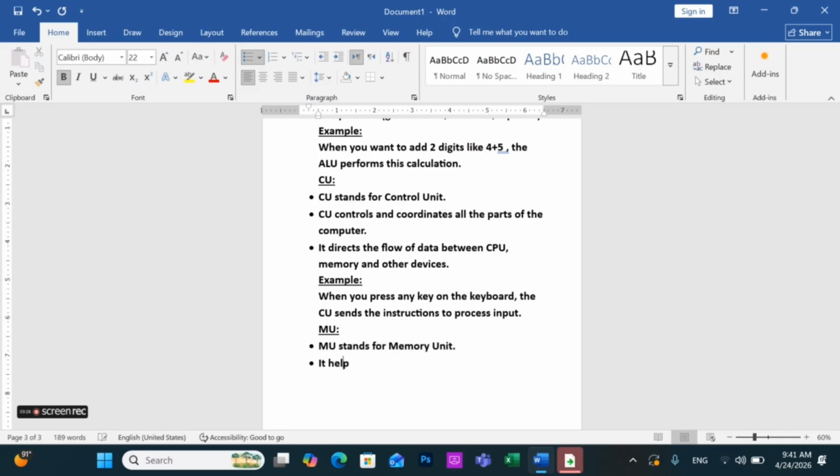It helps the computer remember information temporarily and permanently. And MU stores data, instructions, and results because it is a memory unit. Okay, example.